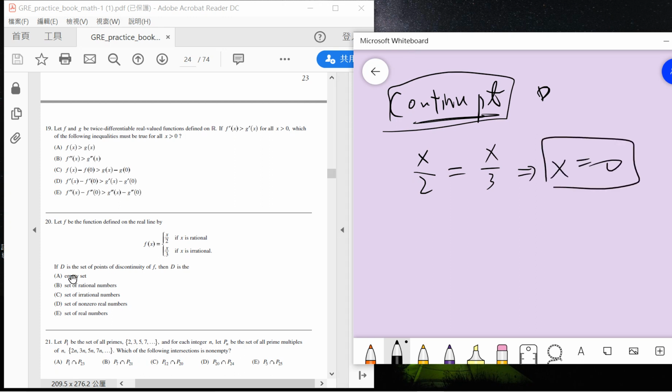So D is the set of points of discontinuity of f, which is all the points minus the origin. So we choose D, the set of non-zero real numbers.